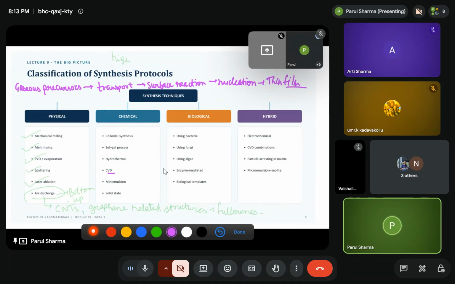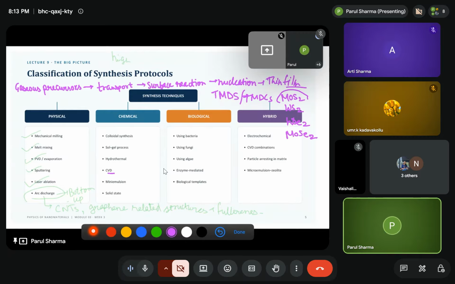So with this method, nowadays we are also producing TMDs. TMDs, or TMDCs as we say, are transition metal dichalcogenides. Like MoS2, WS2, WSe2, MoSe2.